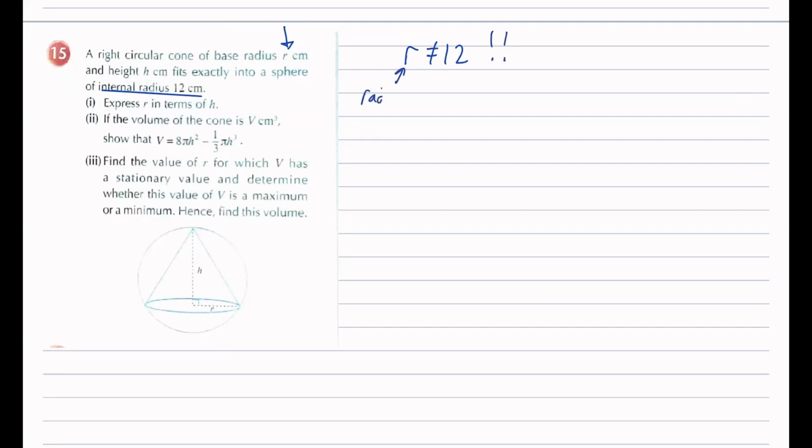This one is the radius of the circular base of the cone. The 12 is the radius of the sphere. Part 1, express r in terms of h.